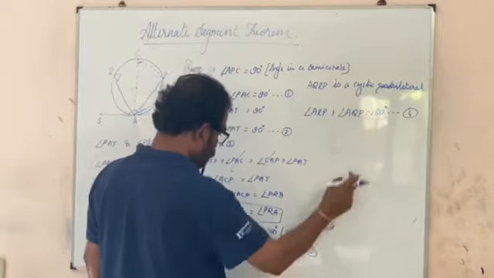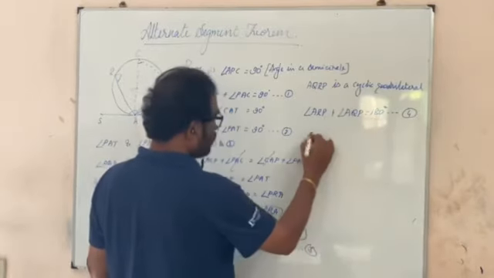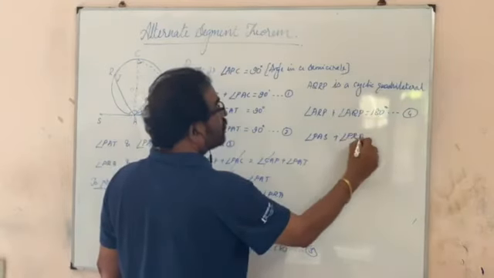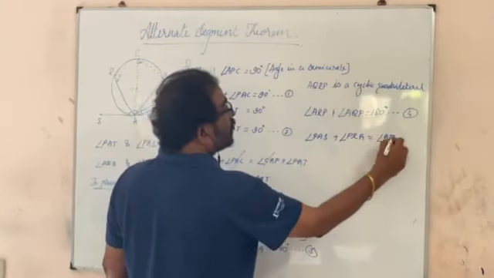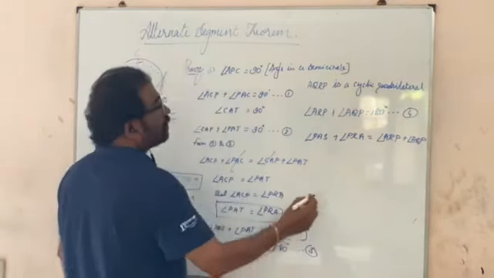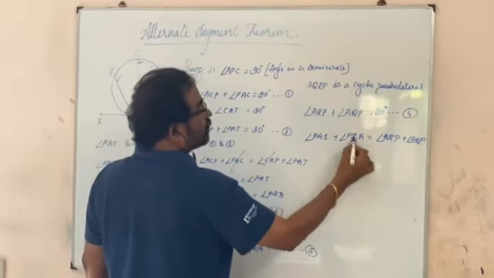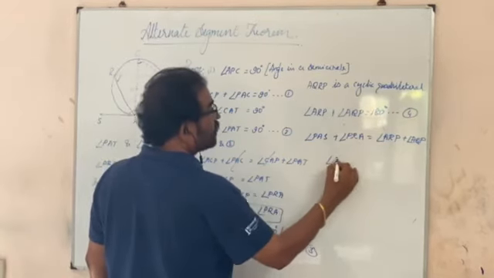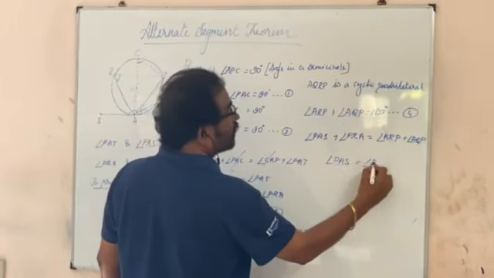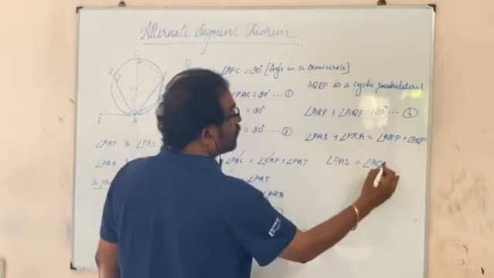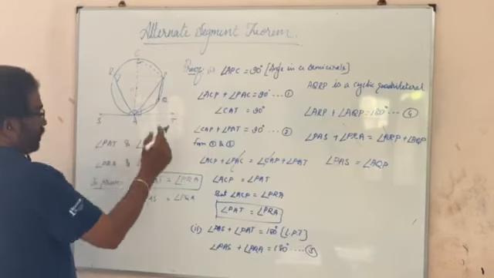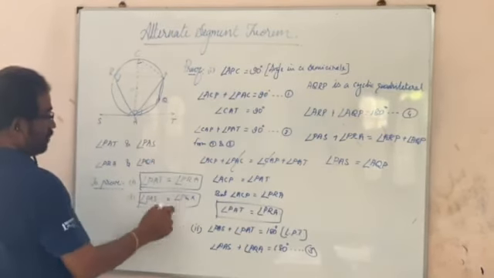So from these two, both are equal to 180 degrees, therefore we can write angle PAS plus angle PRA is equal to angle ARP plus angle AQP. This PRA is the same, we can cancel, so we get angle PAS is equal to angle AQP. That is the second part.